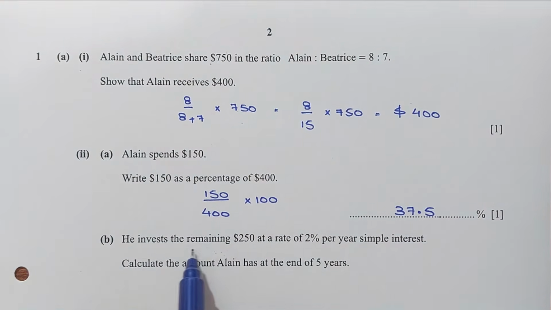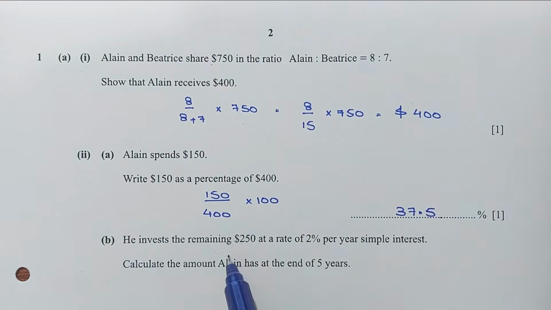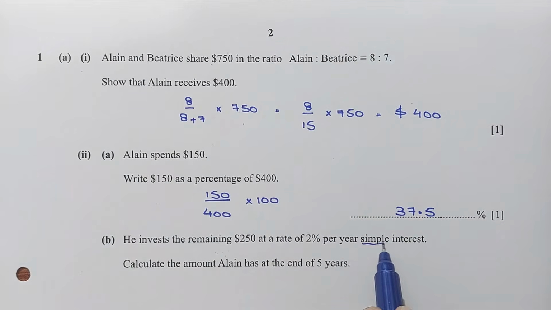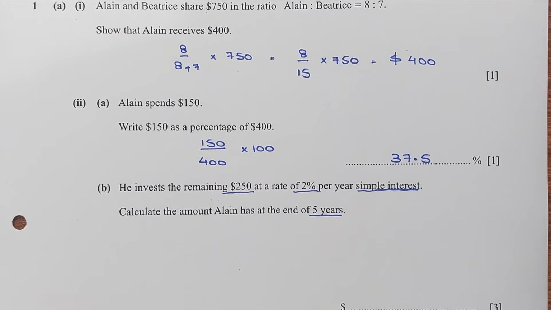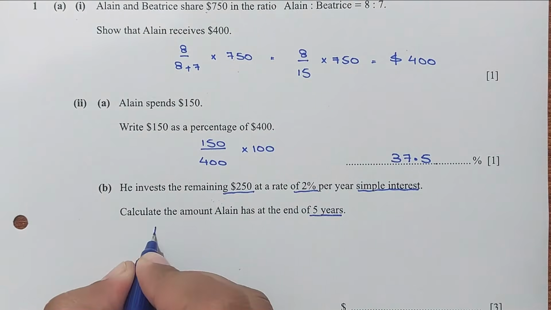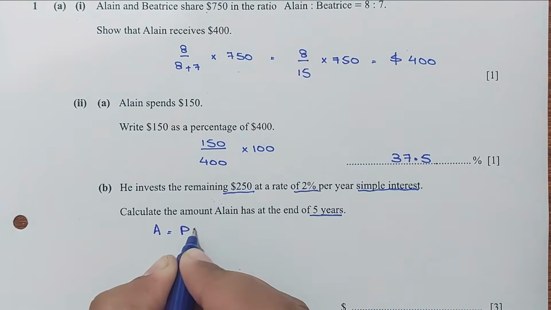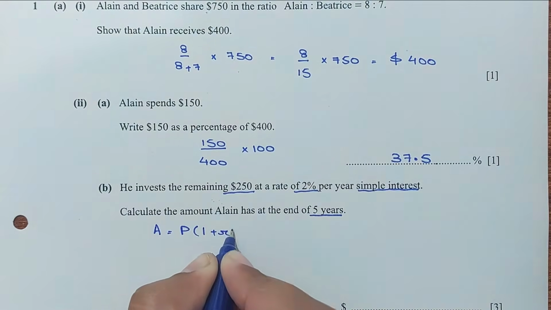Now for part B, he invests the remaining $250 at a rate of 2% per year, simple interest. Calculate the amount Alan has at the end of 5 years. The interest rate is given and the remaining is $250, so we have to find the amount. The formula is A equals P into 1 plus RT.